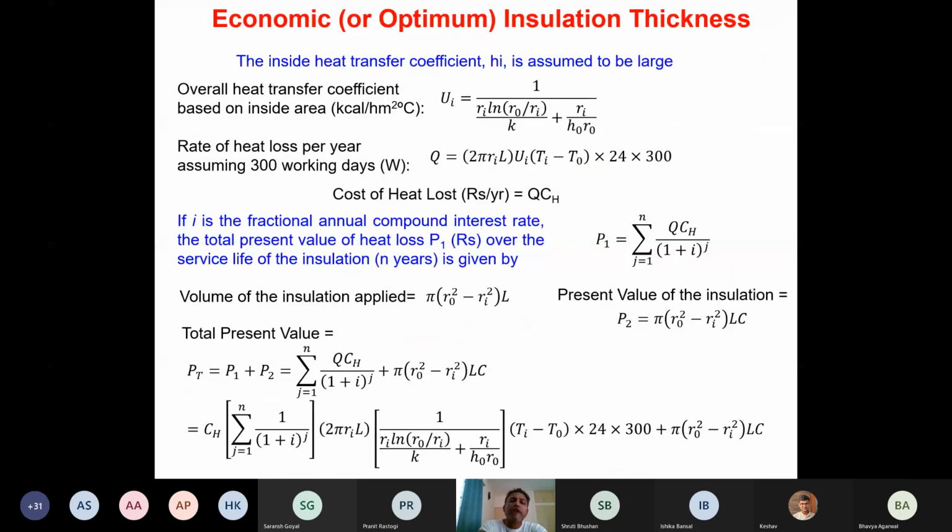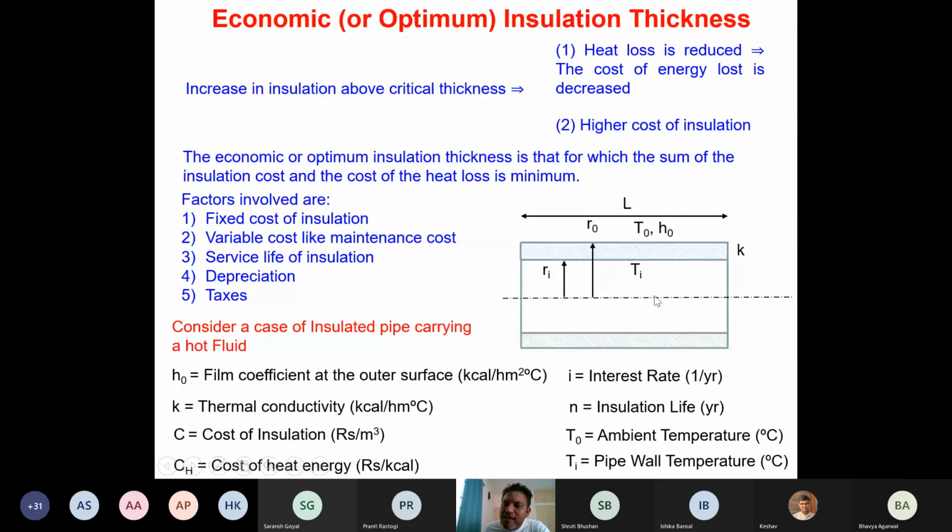Now let us look at different factors here. The inside heat transfer coefficient. Let us define the overall heat transfer coefficient in terms of the inside surface area. Also let us assume that the HI here is a very large value, and therefore the resistance offered by HI is negligible.